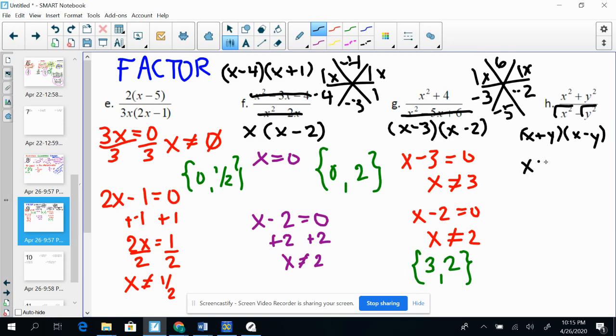If I was to solve this, put it equal to 0 and find out what x cannot be, it can't be a negative value of y, and x can also not be a positive value of y. So x can't be equal to y, and it can't be equal to negative y. So those would be your restricted values.